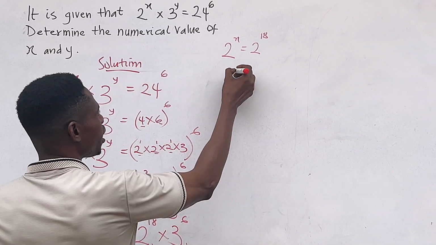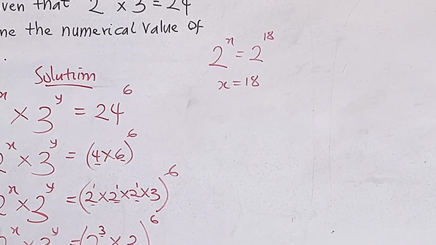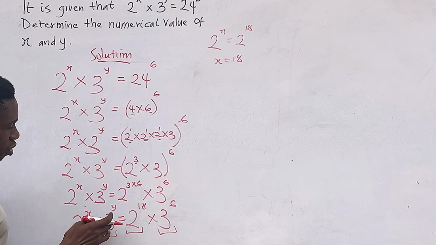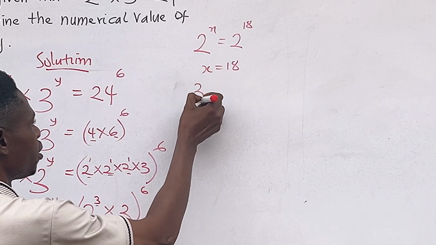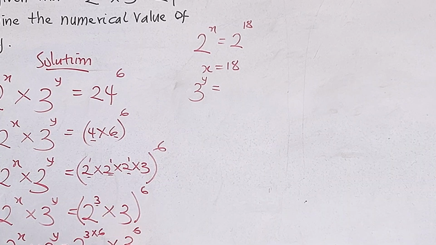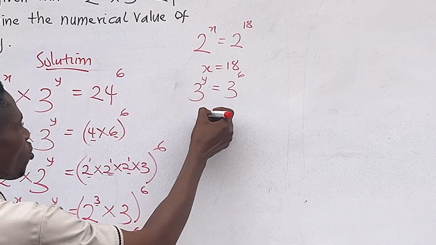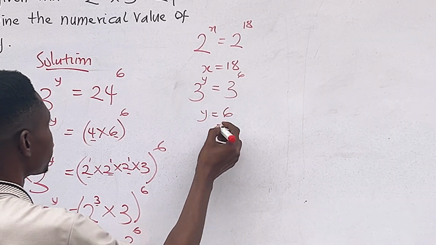So it means that x equal to 18. And doing something similar with y, we'll have 3 raised to the power y equal to 3 raised to the power 6, and y equal to 6.